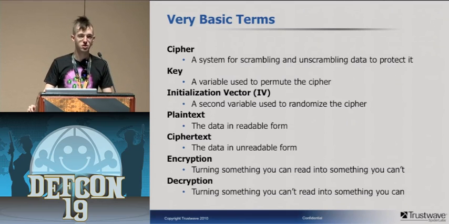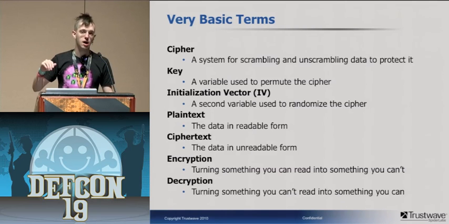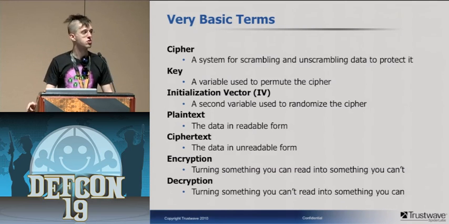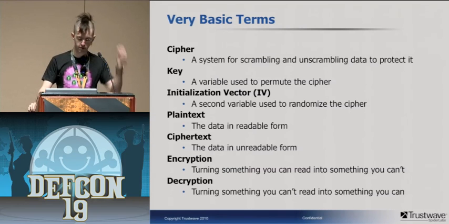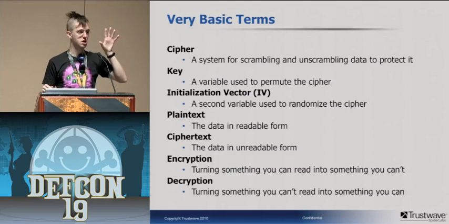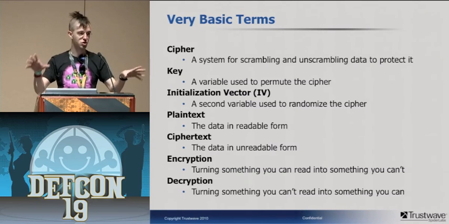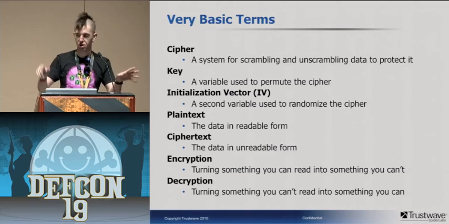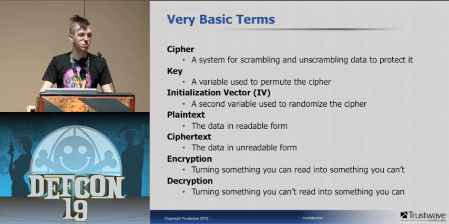The idea of the initialization vector is almost as a second key, which doesn't necessarily need to be private, although in a lot of cases it should be. The point of the initialization vector is so that when you encrypt the same thing with the same key, you can change up the initialization vector and the ciphertext won't look the same. Now, getting onto that term, plaintext and ciphertext are the unencrypted and encrypted versions of the message, the human readable and unreadable. And encryption and decryption are turning plaintext to ciphertext and vice versa.